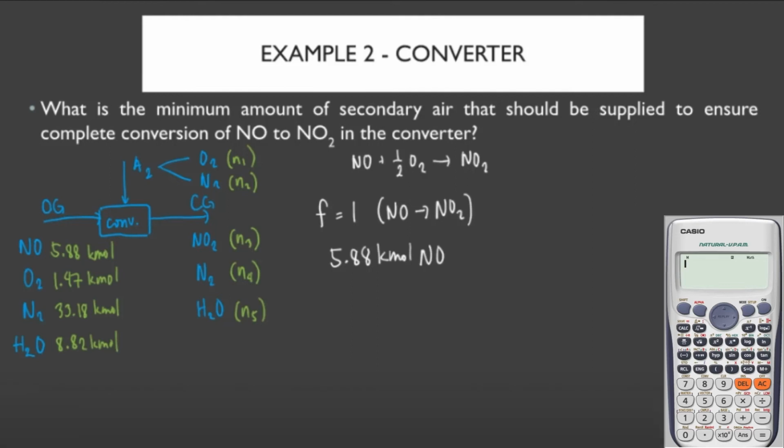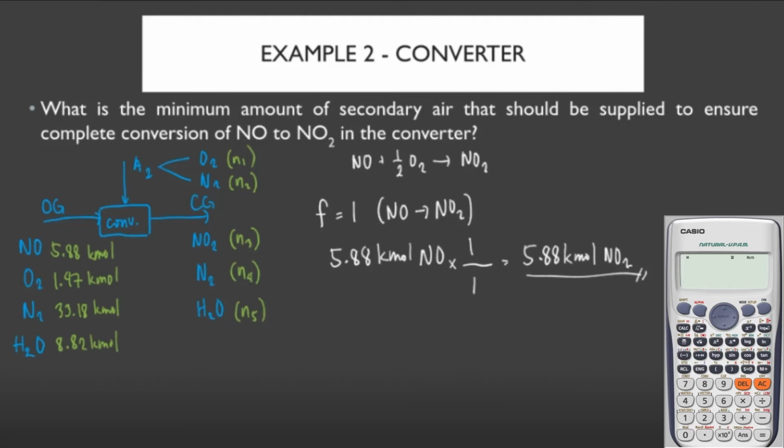If we apply stoichiometry coming from our balanced equation, we simply multiply this by 1:1. That is 1 kilomole of NO2 per kilomole of NO. And this is still equal to 5.88 kilomoles of NO2. Basically, we have found our N3, or our third unknown. And that's all we need before we can proceed with the elemental balances.